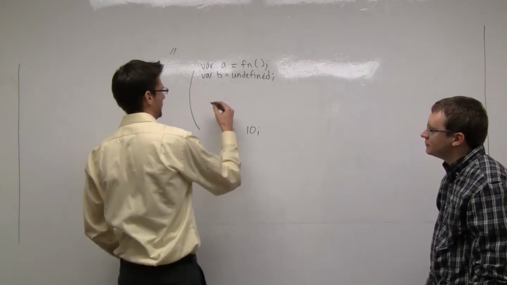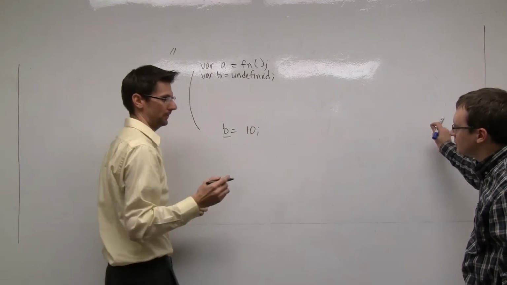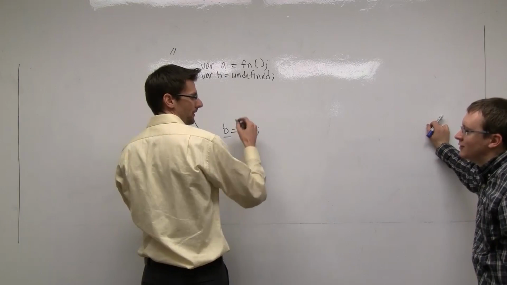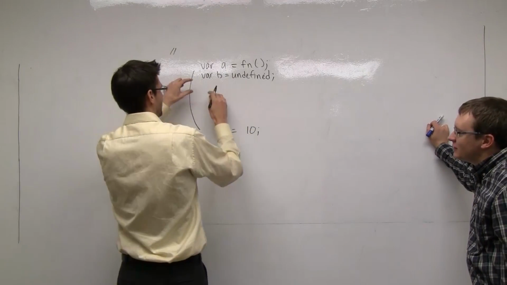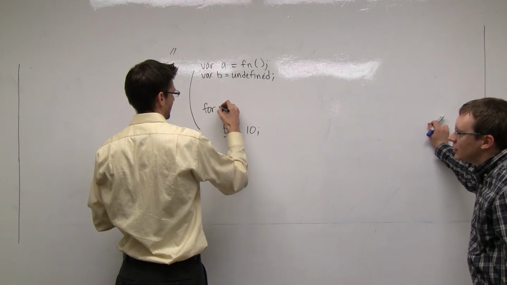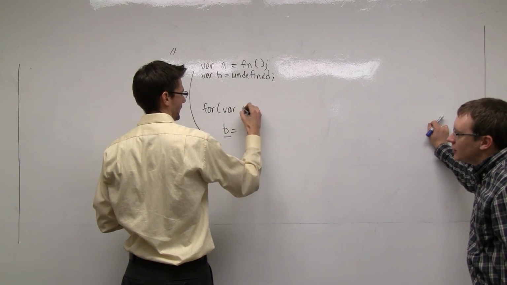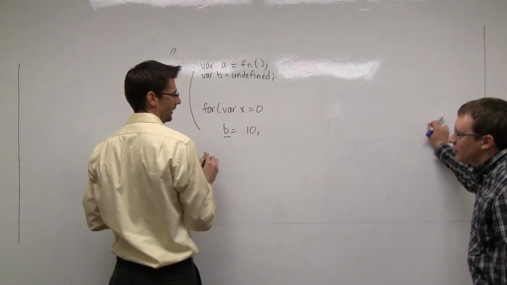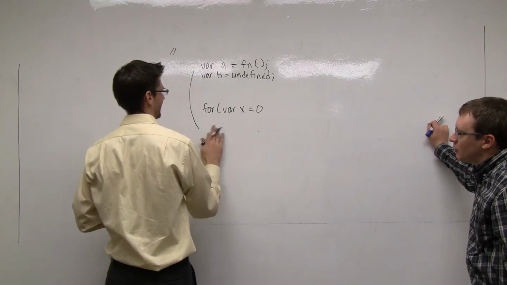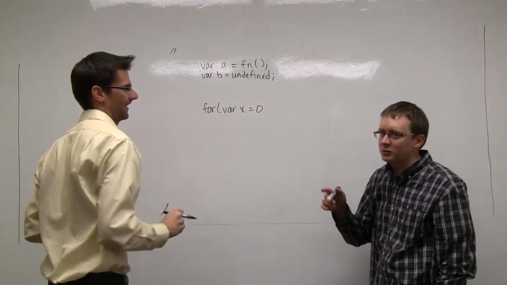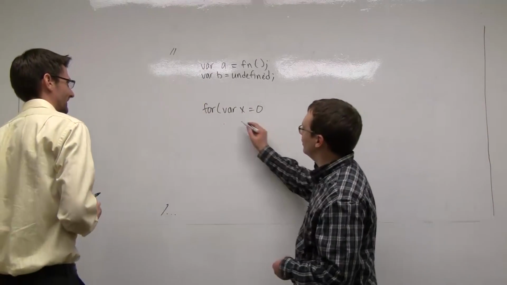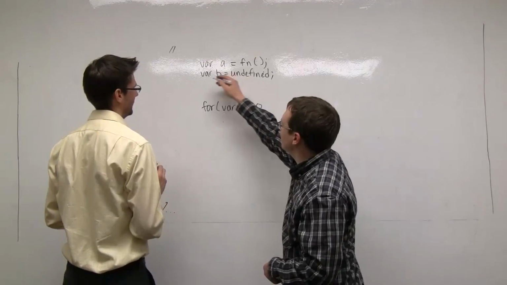And that's what gets people weirded out with for loops. Because when they're in the for loop, most people like to say for var x equals 0, right? What did it do to that var? Remember, this is functionally scoped. It's not block scope. So this var is in the same scope as all of these.